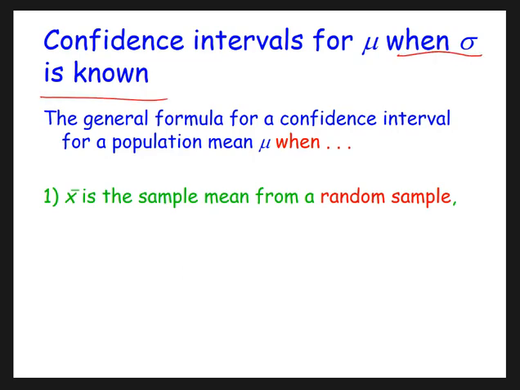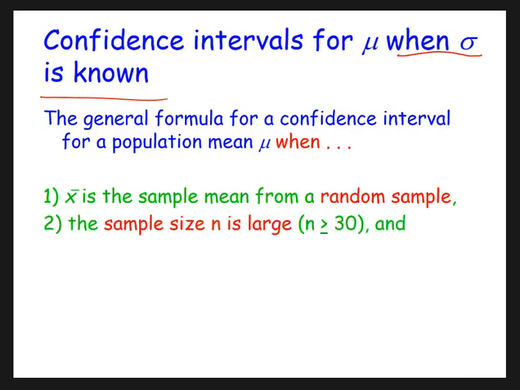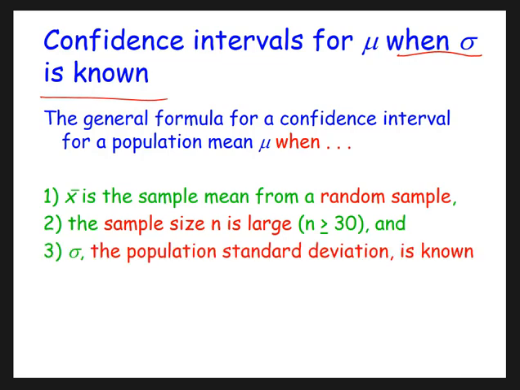Sigma is that population standard deviation. So it'll be a value of z. And then the standard error, which is just the standard deviation divided by the square root of the sample size. So the sample size needs to be large, bigger than 30. And the population standard deviation needs to be known.